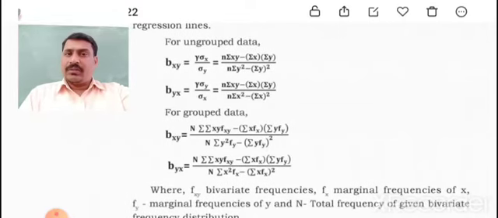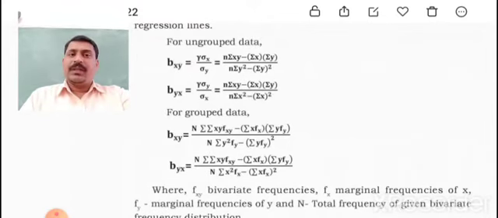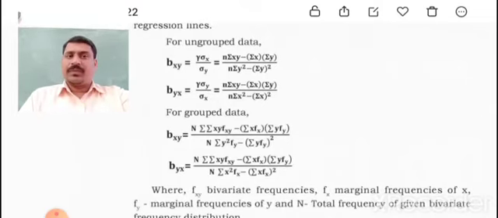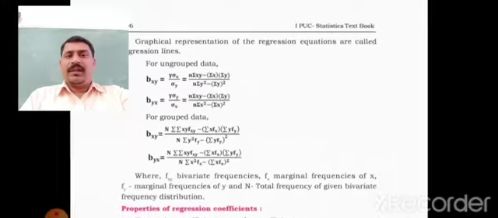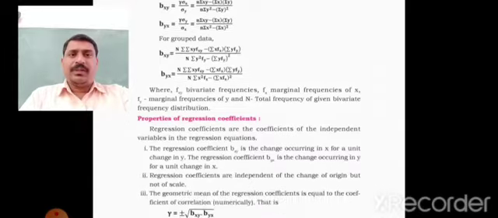And for byx, n summation xy fxy minus summation x fx into summation y fy, divided by n summation x square fx minus summation x fx whole square. So we already discussed those formulas. Without wasting much time, we proceed further.